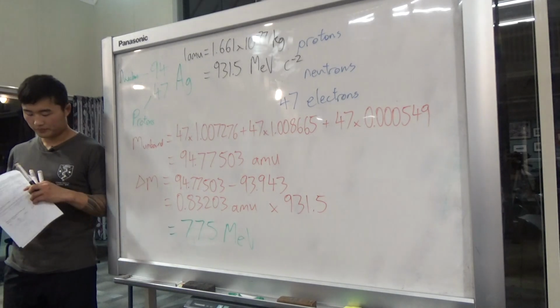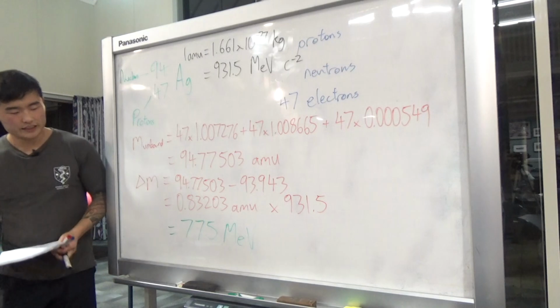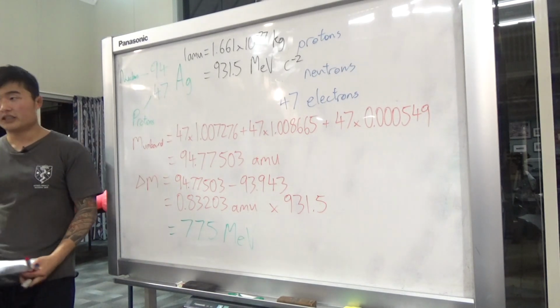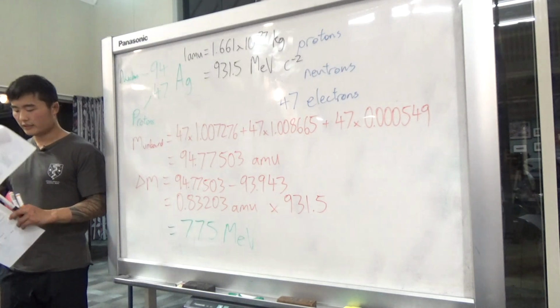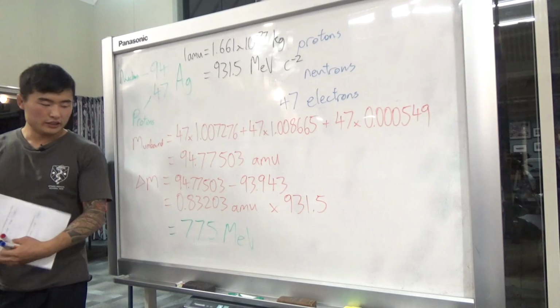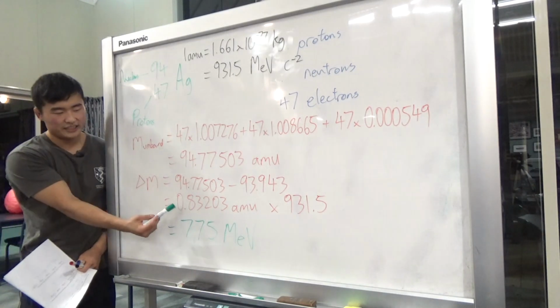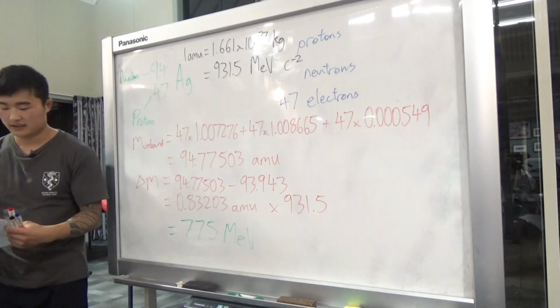Okay? So whenever they ask for the binding energy, usually it's going to be in the units of mega electron volts. So all you need to do is find out the mass difference in atomic mass units and then multiply that by 931.5 and you've got your answer.